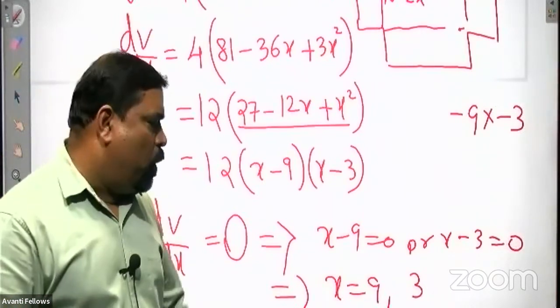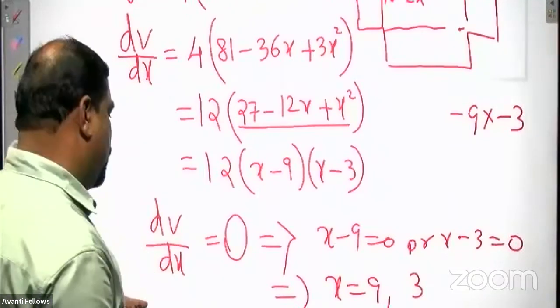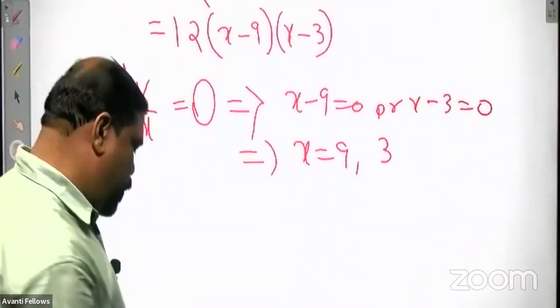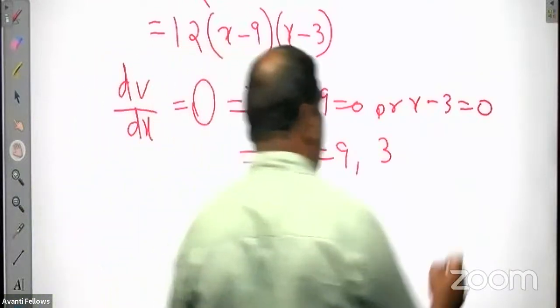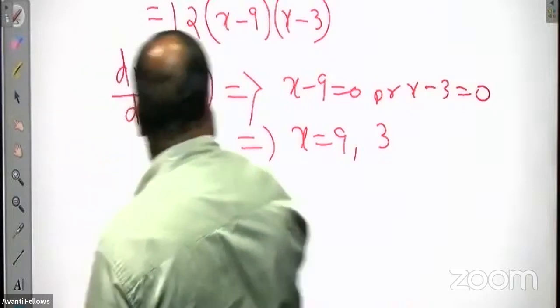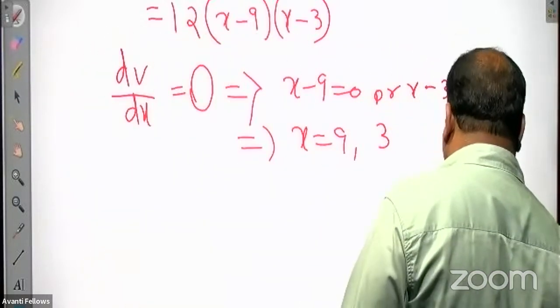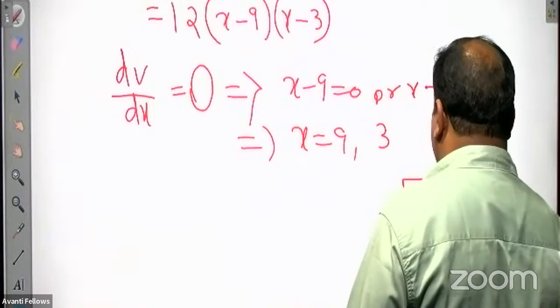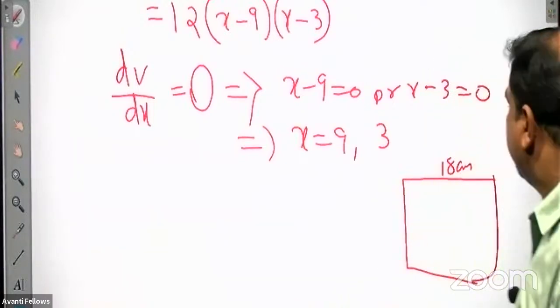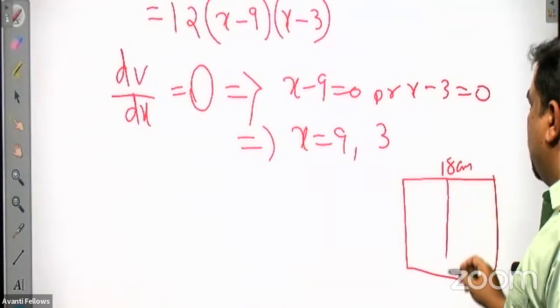Now, both values cannot be taken actually. Is it possible to cut 9 centimeter from each corner? Actually, the rectangular piece of sheet, whatever is given, is 18 centimeter only, 18 unit actually, okay? So if I remove 9 from each corner means what happens?